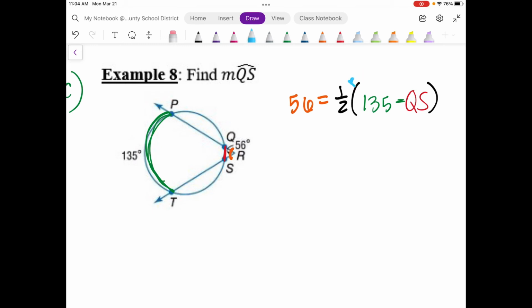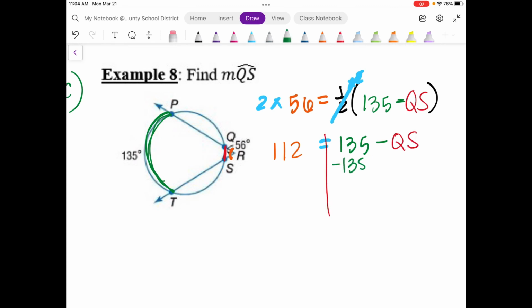We are going to multiply both sides by 2 so we can get rid of that fraction. The left side, when I multiply that by 2, is 112. The right side is 135 minus the value that we're looking for, QS. We are going to subtract 135 from both sides.